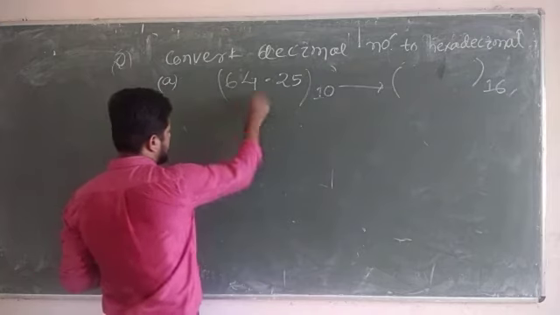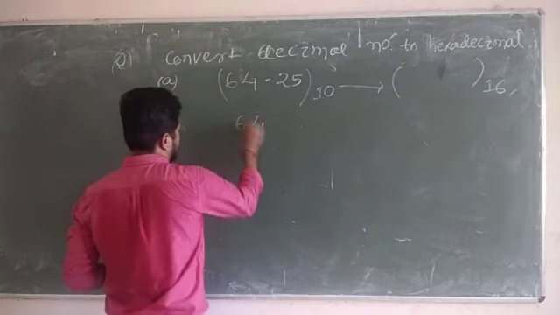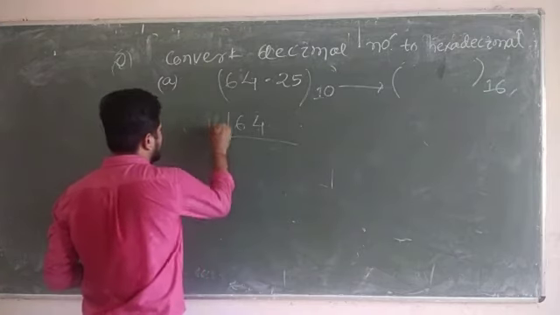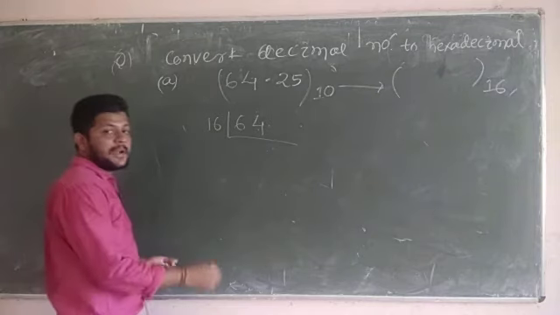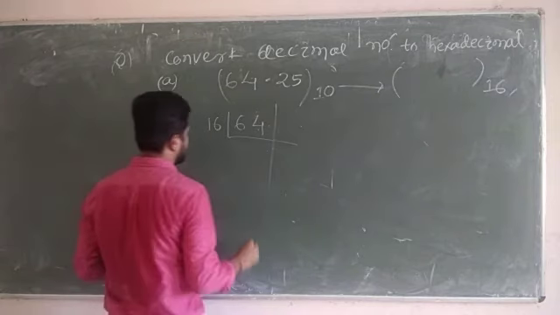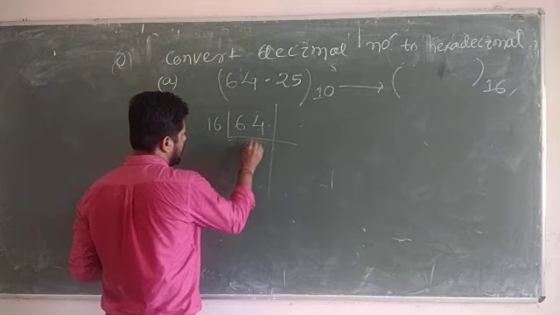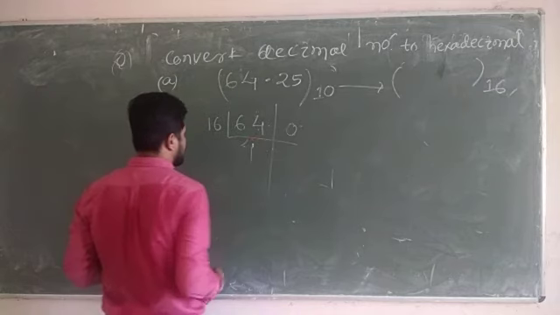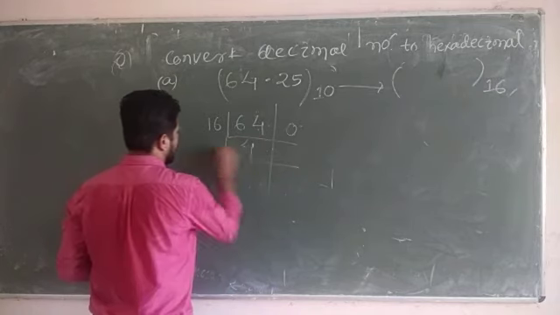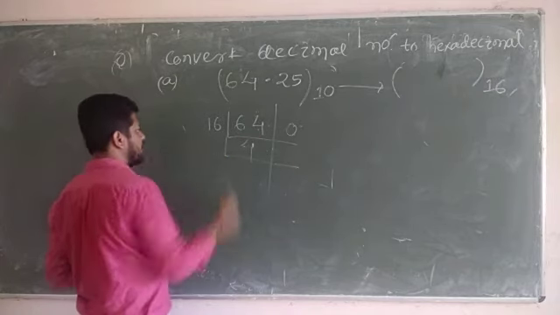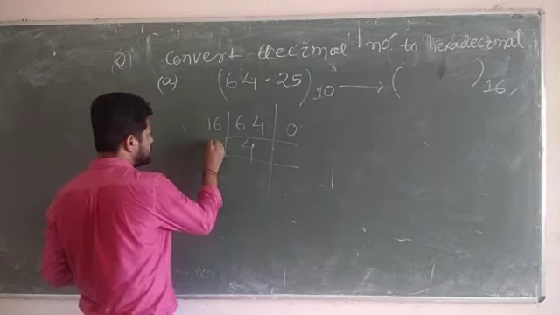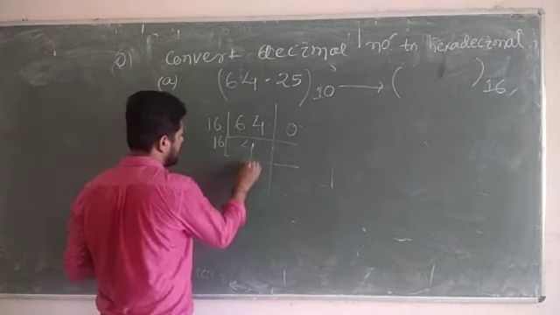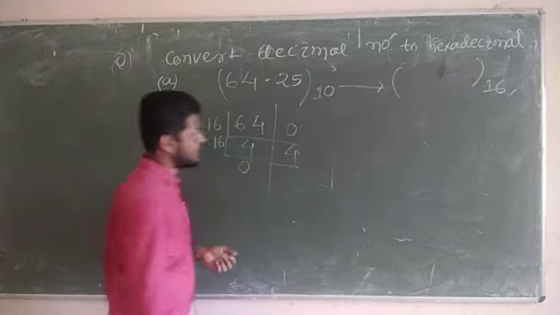So first consider the integer part and divide this number by 16. So 16 into 4 is 64. The remainder will be 0. Then now the quotient is smaller than your divisor, so 16 into 0, that means 40.